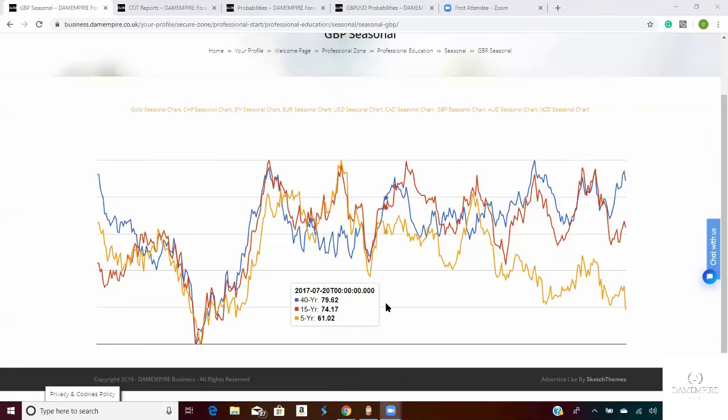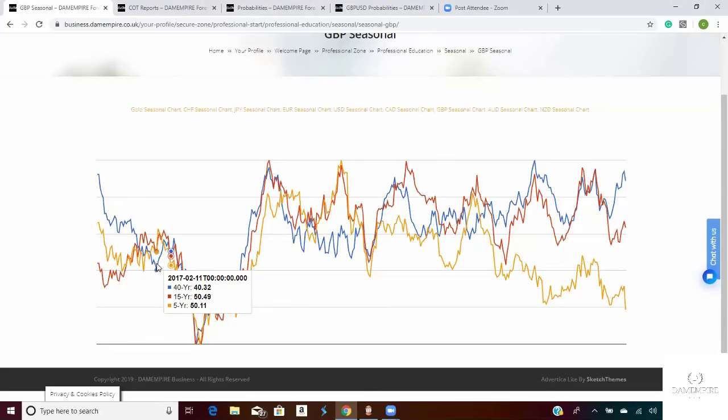Perfect. Okay. So it appears from the 17th, it moves up a little bit on the 18th, 19th, and then drops on the 19th to the 21st. And that's Friday. That's when we'll exit.